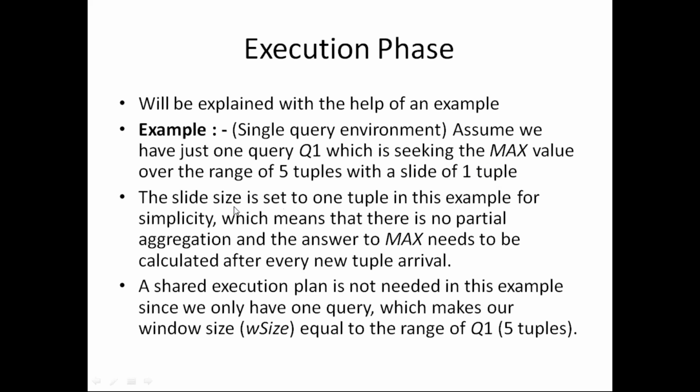Since the slide size is set to one tuple for simplicity, there is no partial aggregation. The answer to max needs to be calculated after every new tuple arrival. A shared execution plan is not needed in this example because it's only one query.